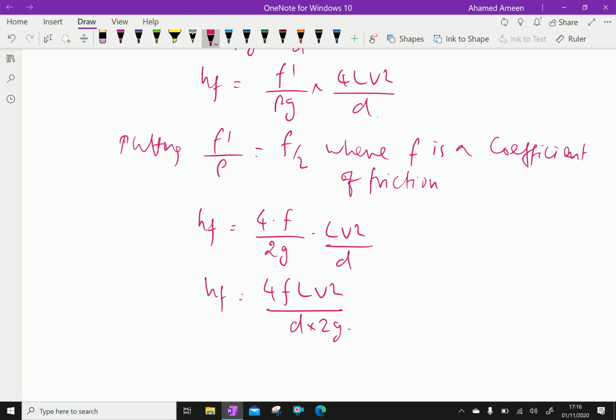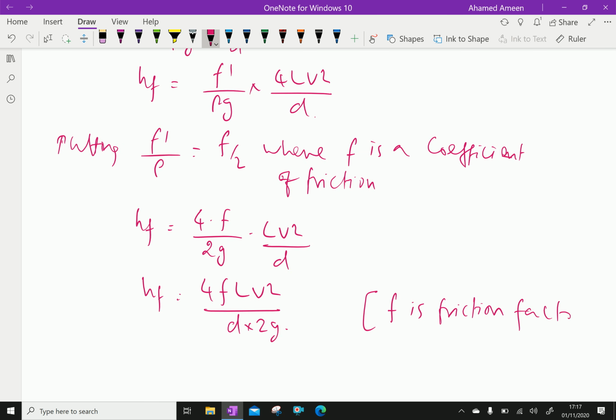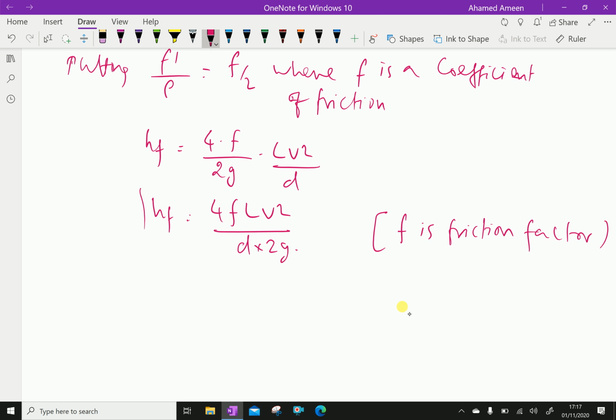Here f is known as the friction factor. Therefore, this is the expression for frictional loss of fluid flow through pipes, that is 4 f L V squared over D into 2g.